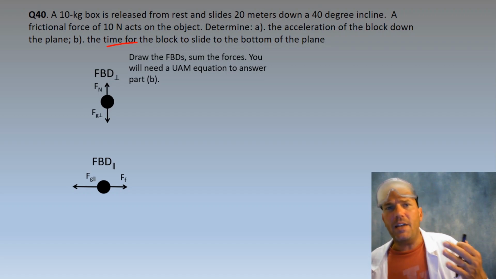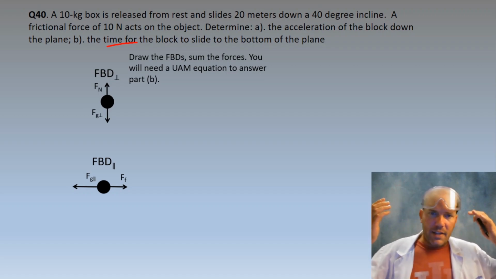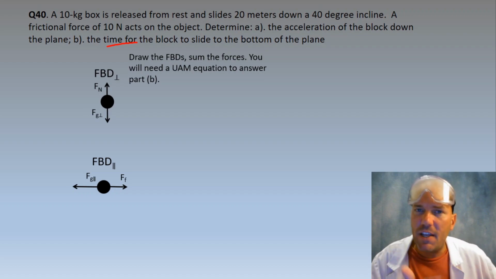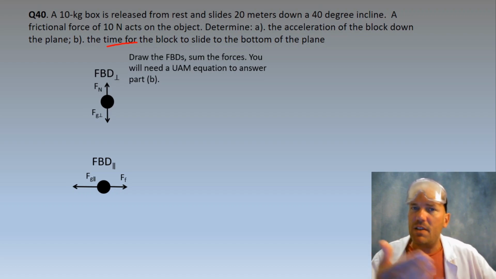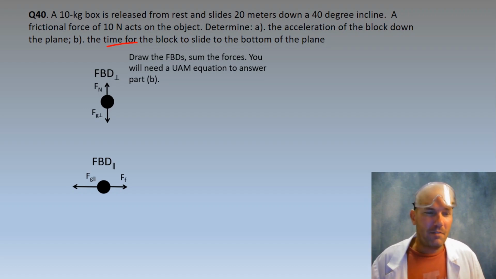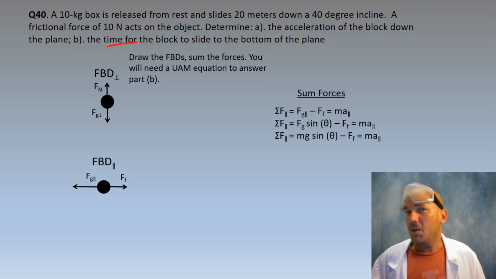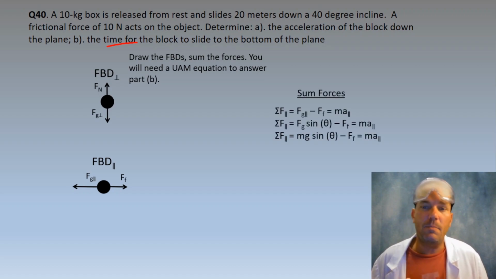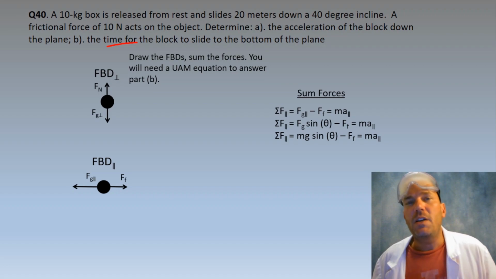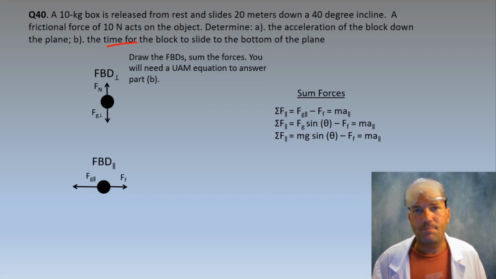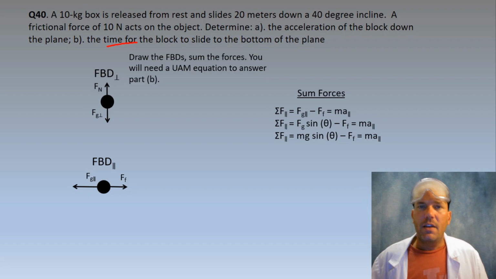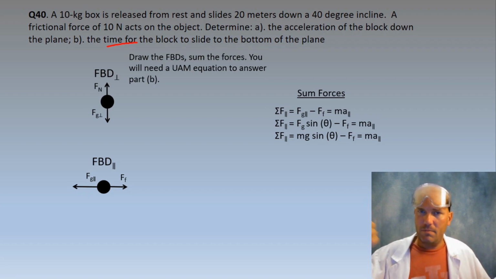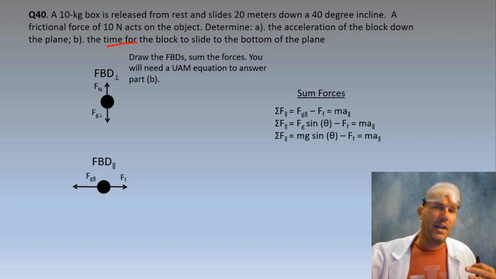It's released from rest, 0, and it slides down, so there must have been a change in state of motion or change in velocity, i.e. an acceleration. So we know we have an acceleration, which is why we can draw that a little bit bigger. We know we're going to sum forces. If we start in the parallel direction and we call down in parallel positive, then we're calling up in parallel negative.